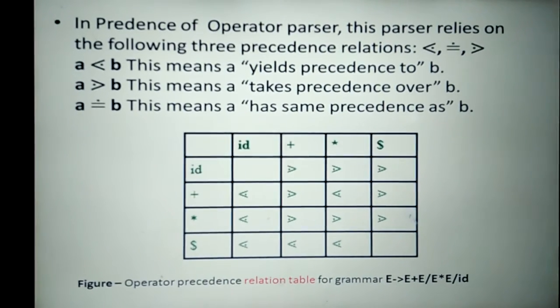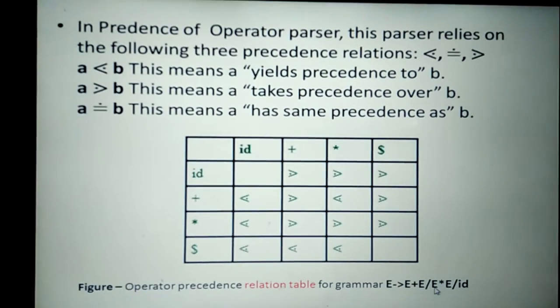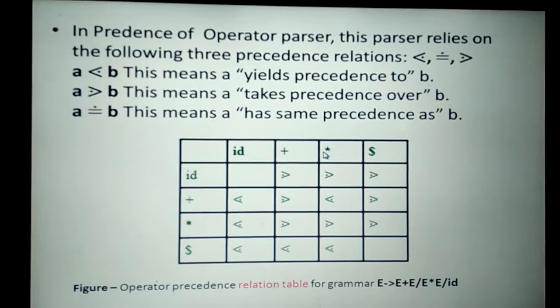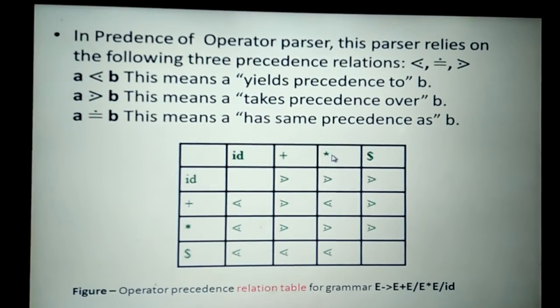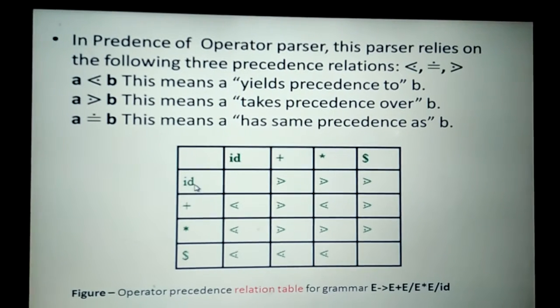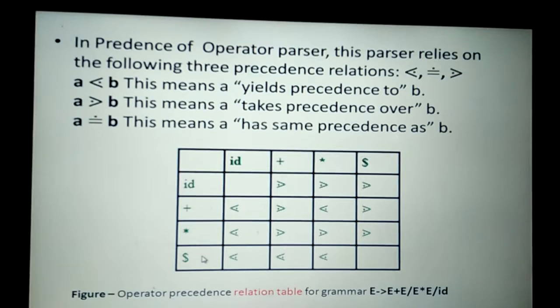As per the given grammar, there is the plus and the multiplication. What order do we take column wise? The same order should also be taken row wise.